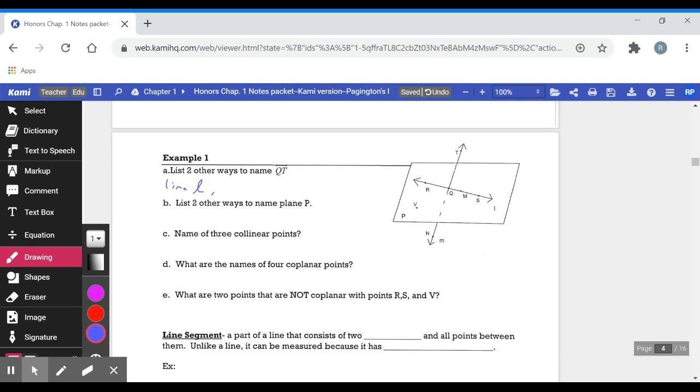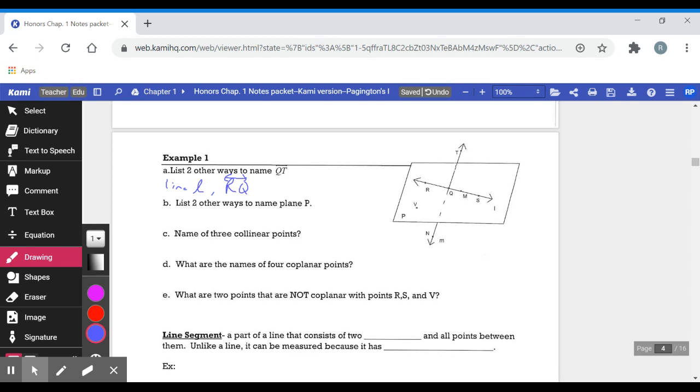And if you see, there are 4 points on that line, R, Q, M, and S, and you can name any 2 of those to name that line. So if I just say RQ, that would work. And I'm putting my little line symbol on top. But any of the other options are fine too: QM, MS, QS, RS. Again, lots of different options there. On the next one, so again, answers may vary on A, but those are just 2 examples that I wrote down.